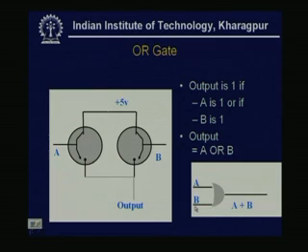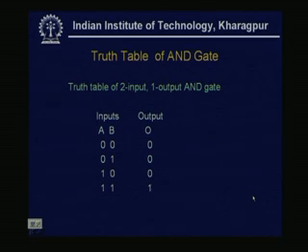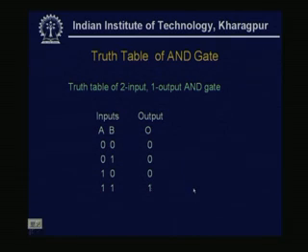The two inputs are A and B, and only one output, again this is a 2 input 1 output OR gate, and normally the notation is A plus B. And the AND gate normally is written as A dot B. So, for AND gate this is written as A and B is A dot B, this is the notation, and for the OR gate this is A plus B.